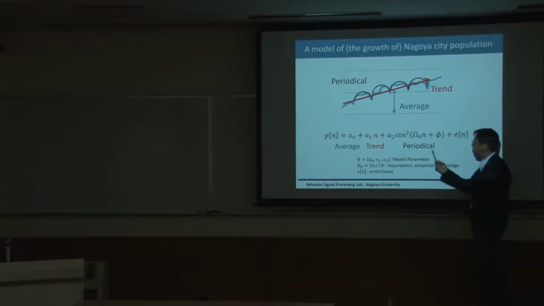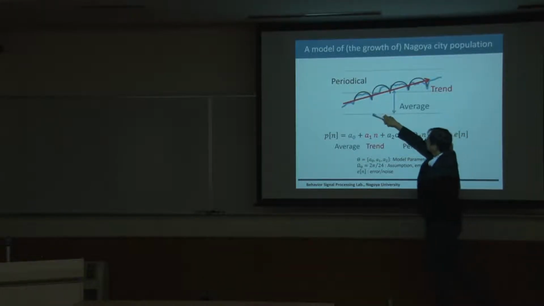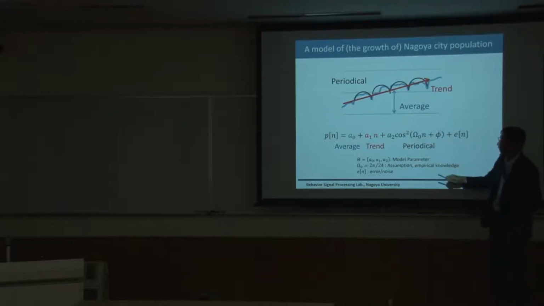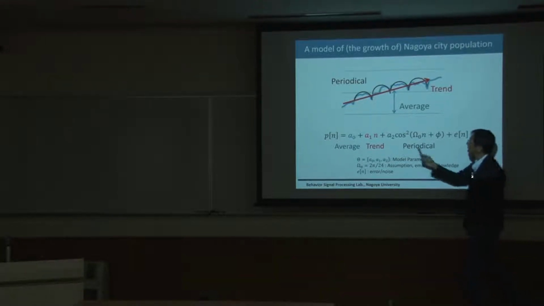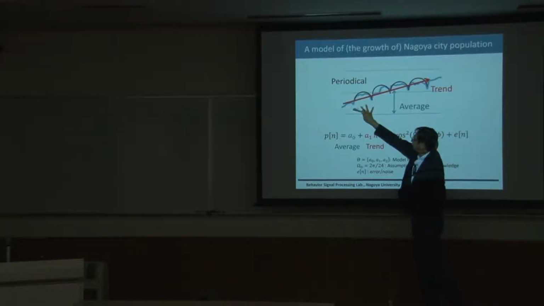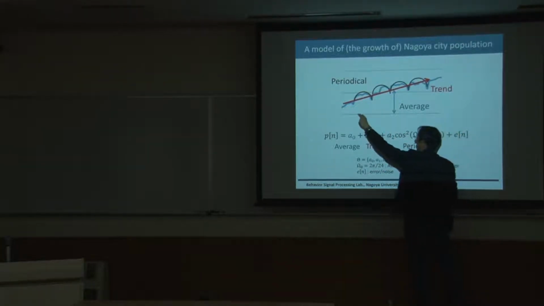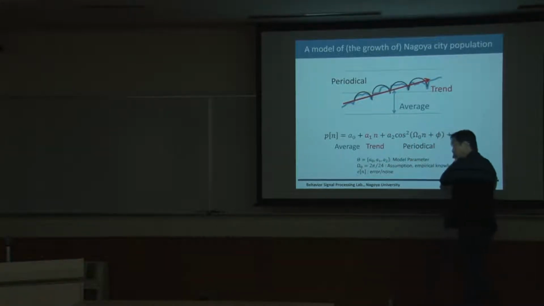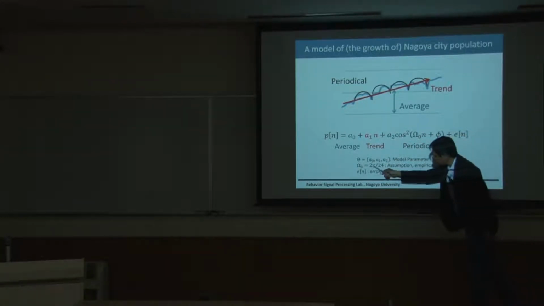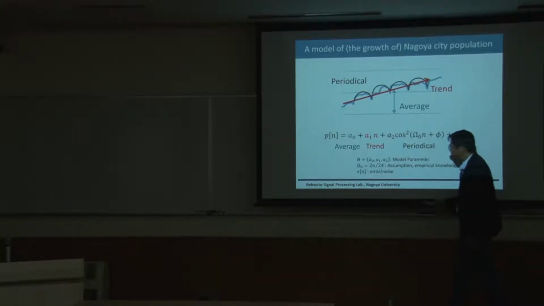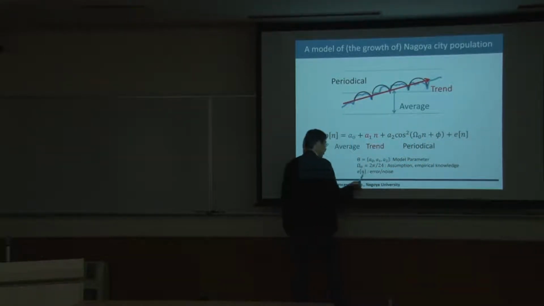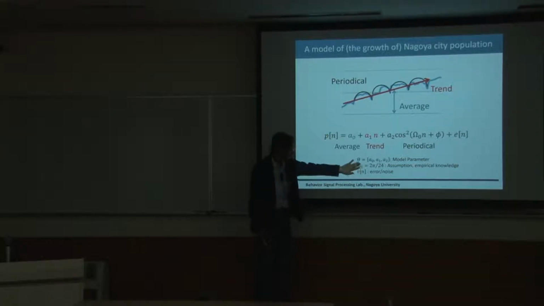But on the other hand, because this is the population change, one year is quite a reasonable guess of the seasonal aspect of the population change. Therefore, this can be a one-year term, and you can convert the one-year period, which is 12 samples, into the angular frequency by this equation. Then you can use this value as a hyperparameter.